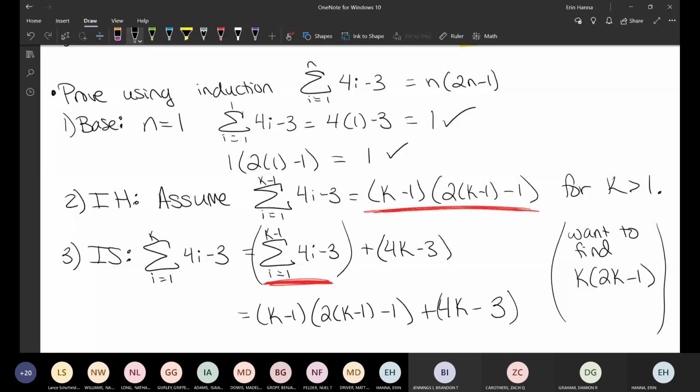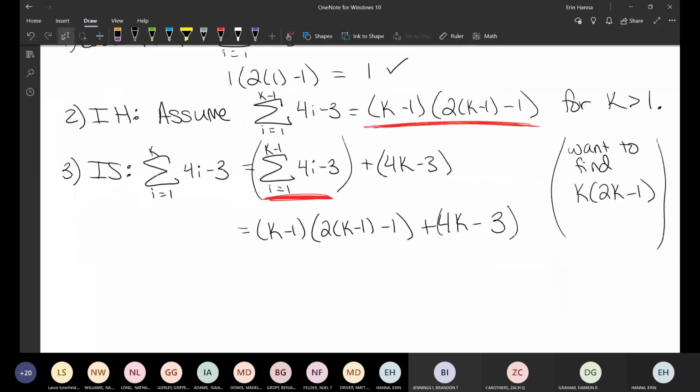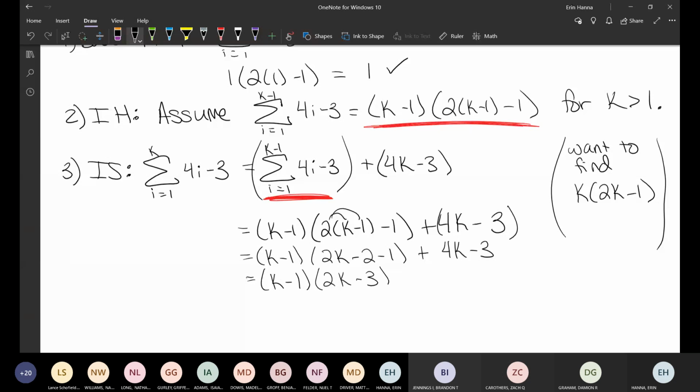So the first thing we should probably do is just smush it together as much as possible. I would distribute this 2 first. 2k minus 2 minus 1. I would simplify the subtraction in that second term a little bit to get minus 3.